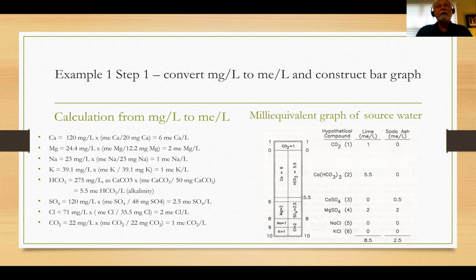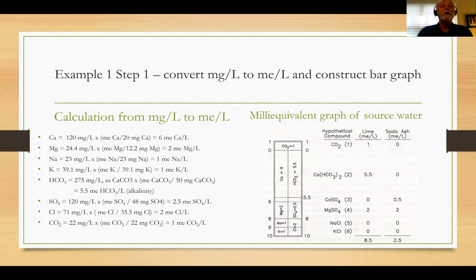We like to talk about alkalinity and hardness and those kinds of things in terms of their equivalent as calcium carbonate. So we're reporting the alkalinity as 275 milligrams per liter as calcium carbonate. So we divide by the equivalent weight of calcium carbonate, 50 milligrams of calcium carbonate per milliequivalent, and cancel the milligrams, and we end up with 5.5 milliequivalents per liter of alkalinity.